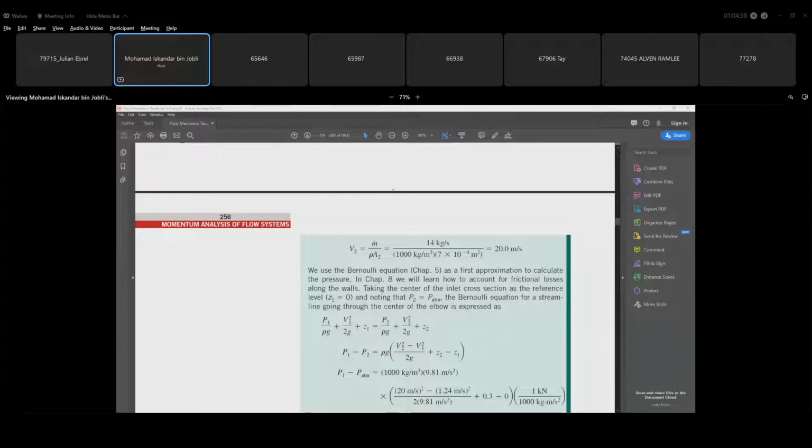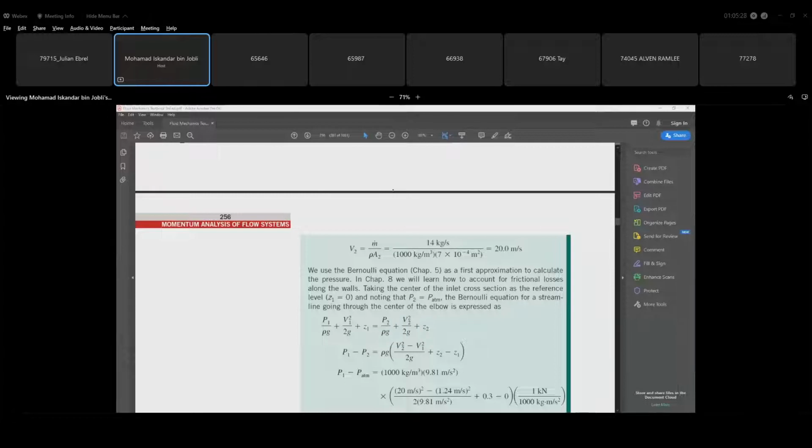This is what we call the Bernoulli equation. The moment you have water flowing, and you need to find all the information at point number one and point number two, this is the equation that you can use. If P is what you need to find, you can use this equation. If V is what you need to find, you can use this equation.